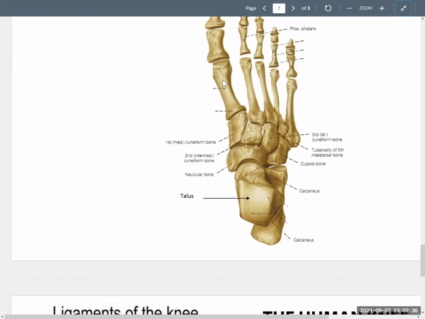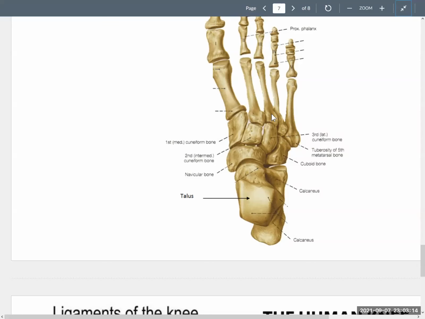Come back from the big toe, metatarsal 1. And it articulates with just one more bone. And that bone is the cuneiform number 1. First cuneiform 1 is how I pronounce it. The second one, metatarsal 2, articulates with cuneiform 2.